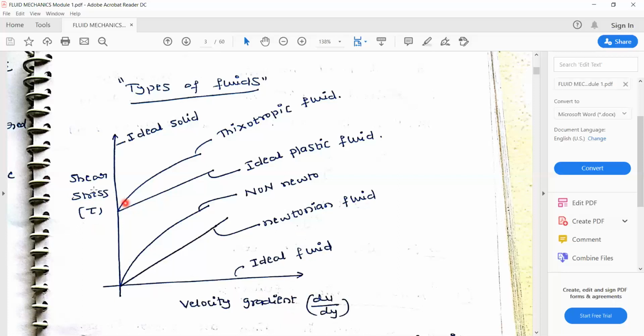That means the variation of shear stress and velocity gradient happens linearly. That is a Newtonian fluid.